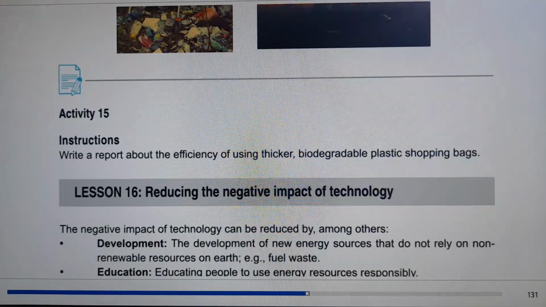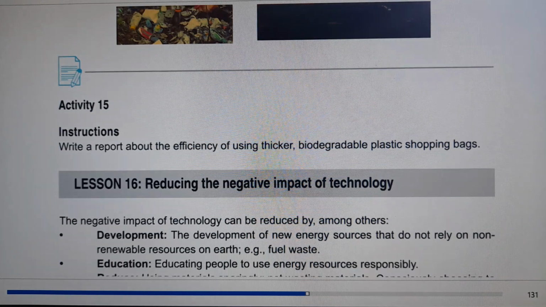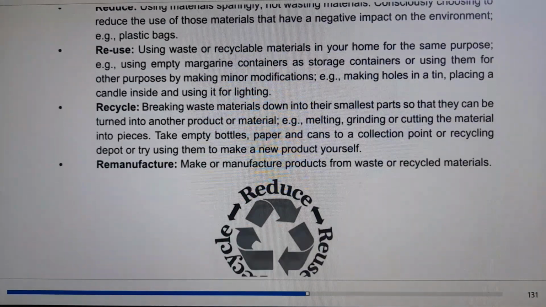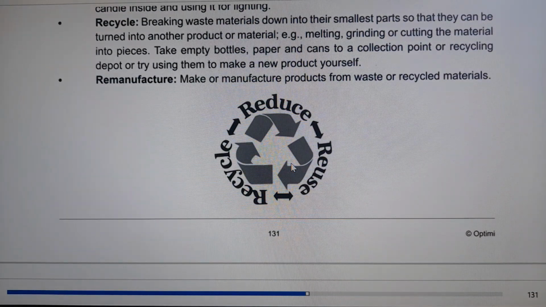You start writing and you skip activity 15. You continue with lesson number 16, reducing the negative impact of technology. And then you write all the way until where we ended. These are the notes that I will check and sign. They must be in your notebook. Okay, enjoy. Bye.